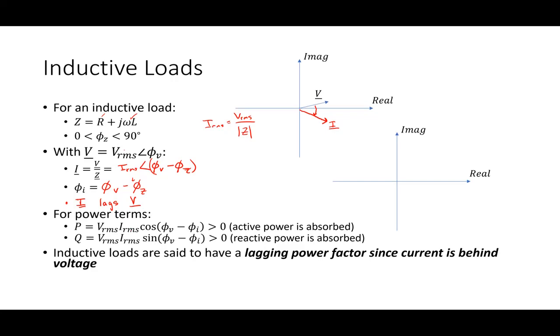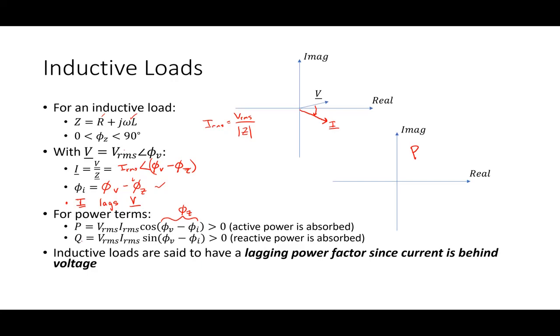For our power terms, if I look at cosine of phi V minus phi I, the angle here is phi sub Z. Again, I can just use Ohm's law to figure that out. That's always going to be positive because I'm in the first quadrant with my phi sub Z, so my P is always going to be real.